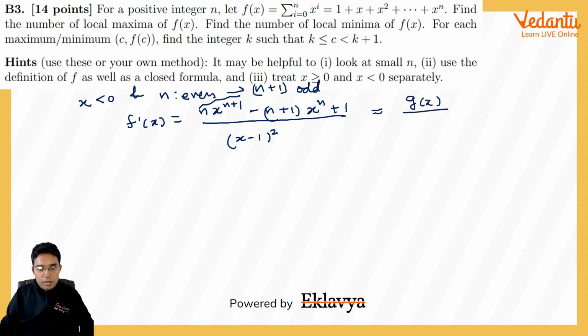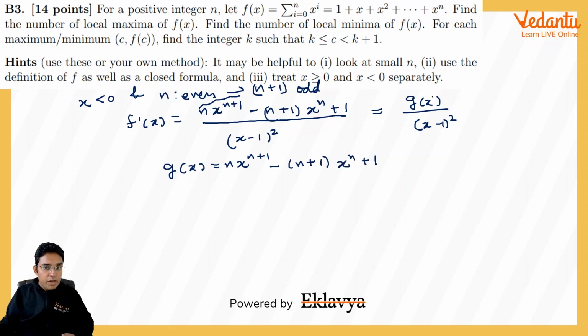So I'll call this gx, that is written in the denominator. So gx is actually here n into x power n plus 1 minus n plus 1 into x power n plus 1. Okay, now whenever g will be negative, f dash will be negative, g will be positive, f dash will be positive. So let us see what is the behavior of gx.